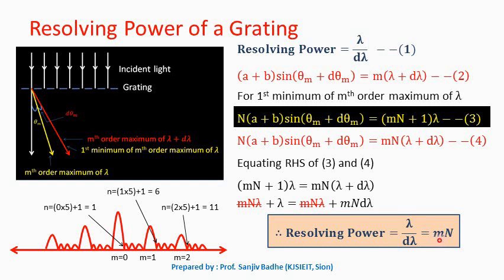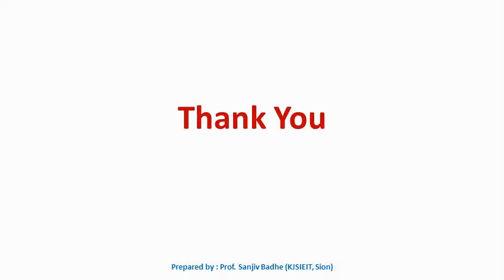So some wavelengths may not be resolved in the first order, but in the second order they can be seen separately. And resolving power is also proportional to the total number of lines on the grating. This is not the number of lines per centimeter, remember this. So if you increase the number of lines on the grating, resolving power will increase.